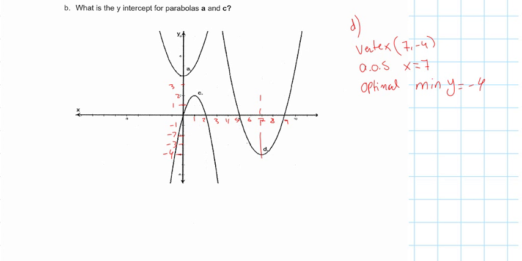Okay, and what are your x-intercepts? 5, so x equals 5, and x equals 9. How about the y-intercept?